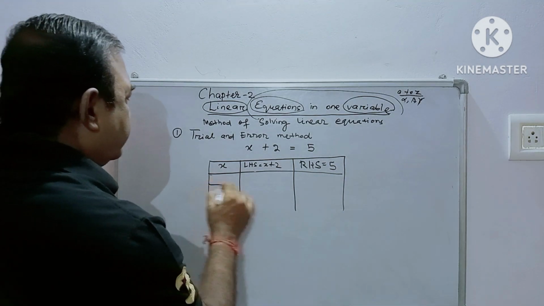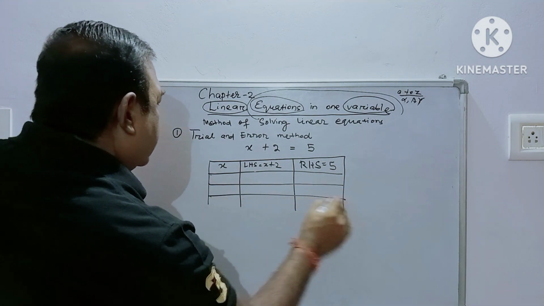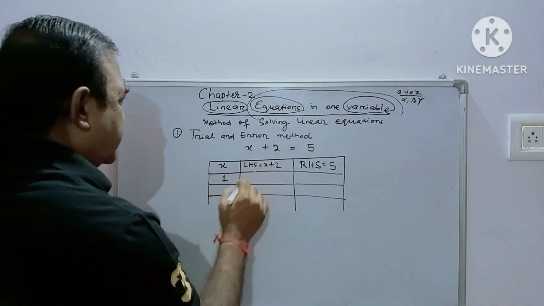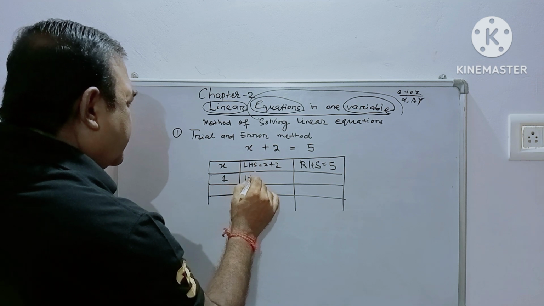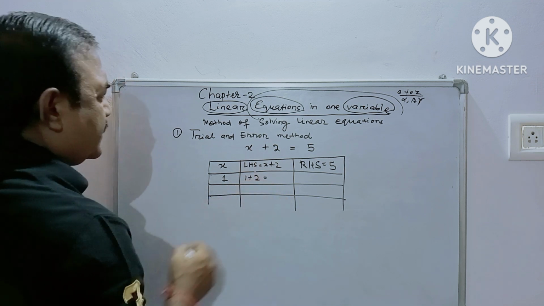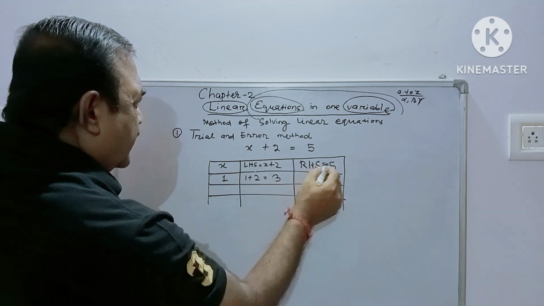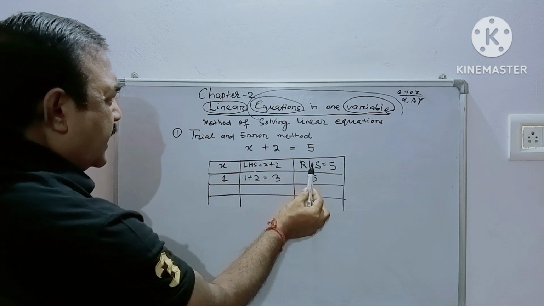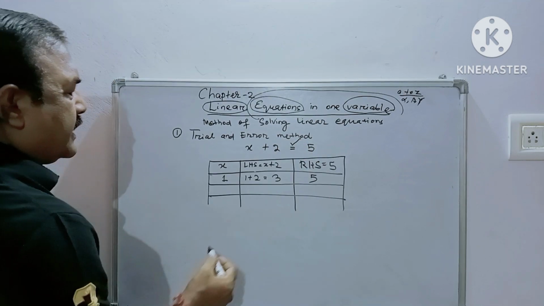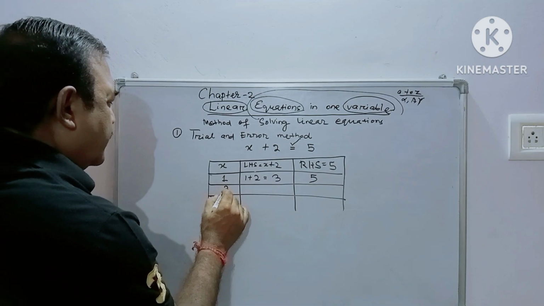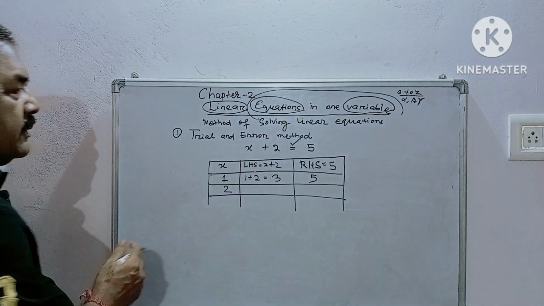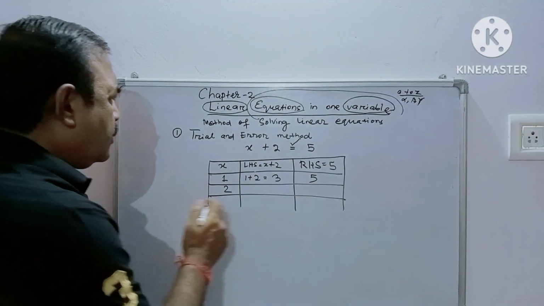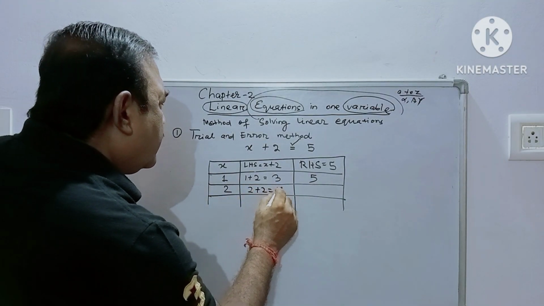If I take the value x = 1, so put here x + 2, that is 1 + 2 = 3. But here it is 5. So left hand side is not equal to right hand side. So 3 is not equal, so you go to 2, take x = 2. You take several values of the variable. So 2 + 2 = 4, but it is 5.